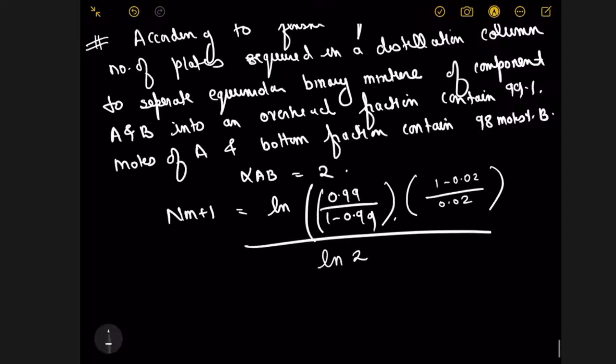So now calculate the value of Nm. Nm is 11.5. So that is why we will take 12 plates.